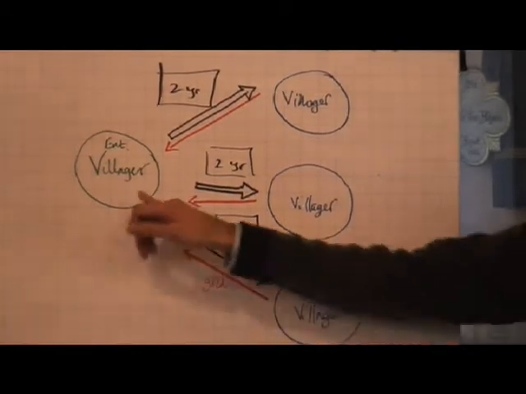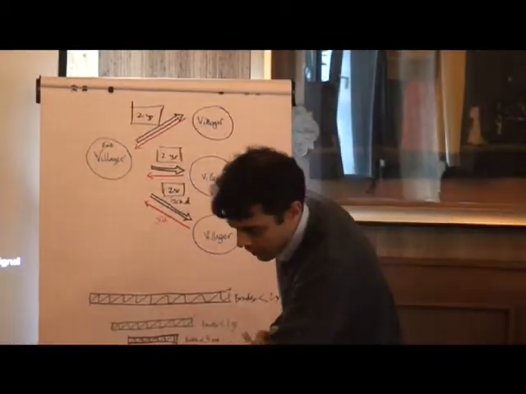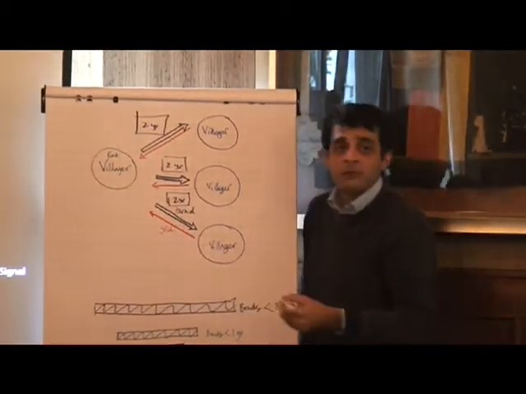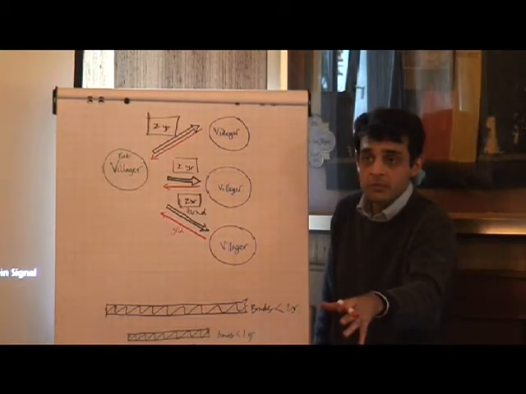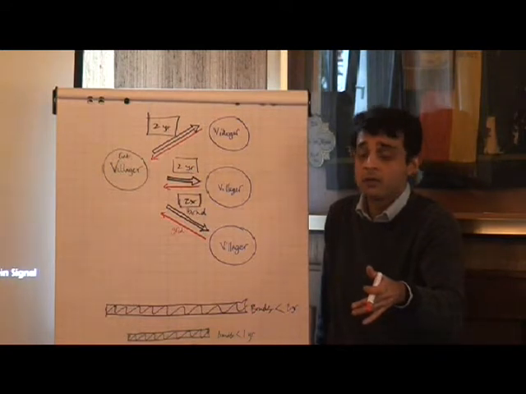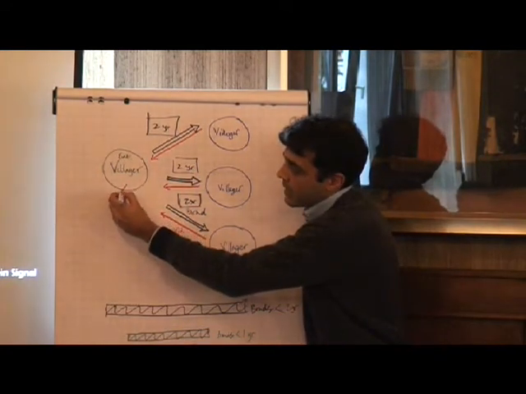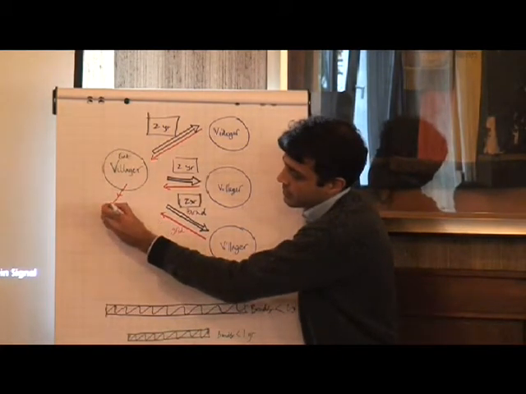So gold is moving to the villager. And then the villager spends the proceeds. Remember, this is an isolated village. In fact, you can think of the village as planet Earth. And then the villager receives the gold, and he spends it building the warehouse.